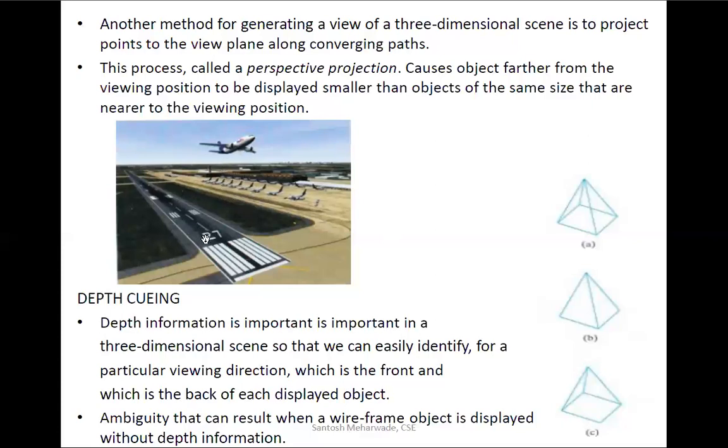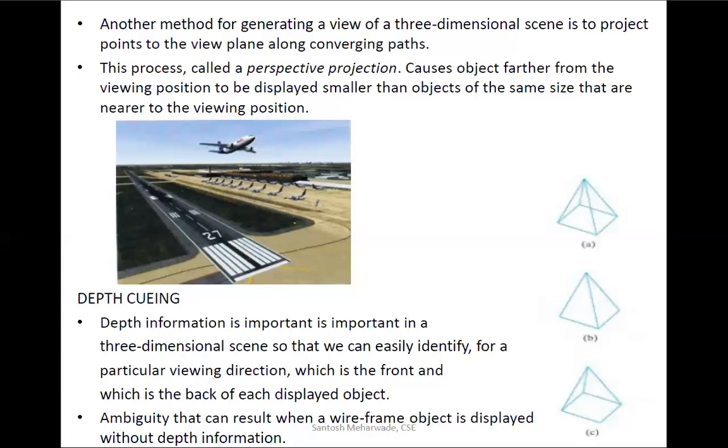If the aeroplane is on the ground, its size looks very huge, but when it is in the sky, it looks very small, although the actual size remains the same. It is because of our perspective viewing, a kind of illusion. This is what we call perspective projection.